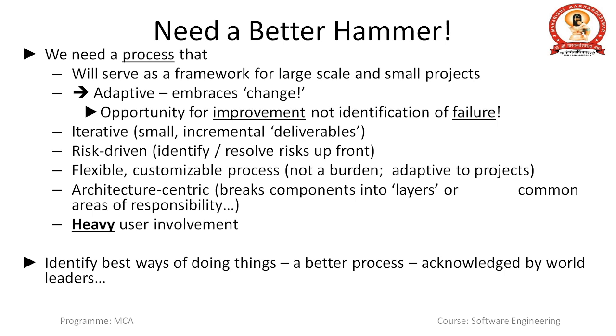A process is a method of developing software. We need to improve on the earlier crisis problems with software, and improve the success ratio of projects. If I need a better hammer, I need a better process so that I can execute it, and deliver in a good, refined manner.